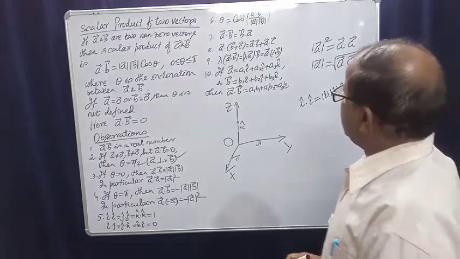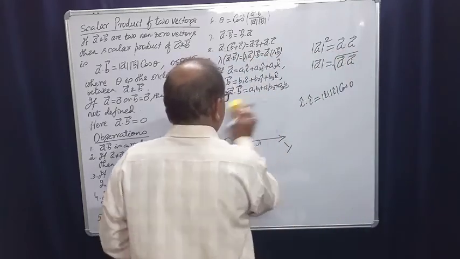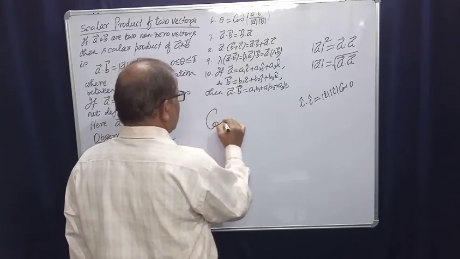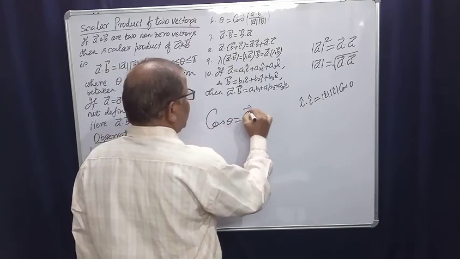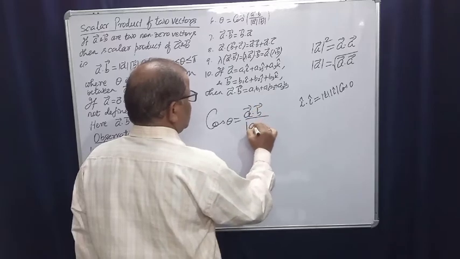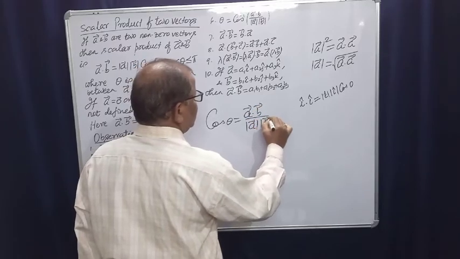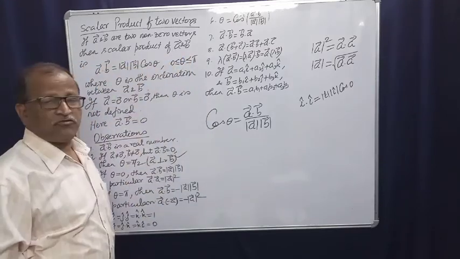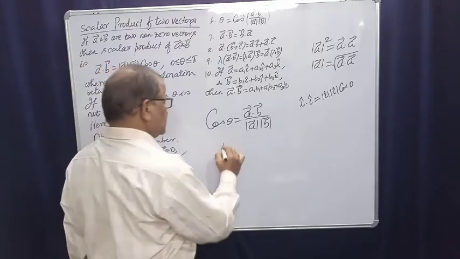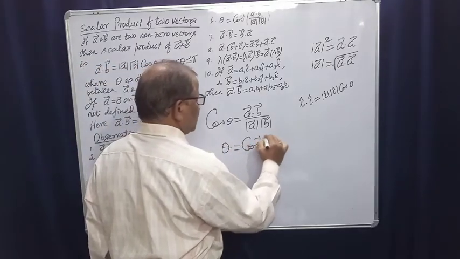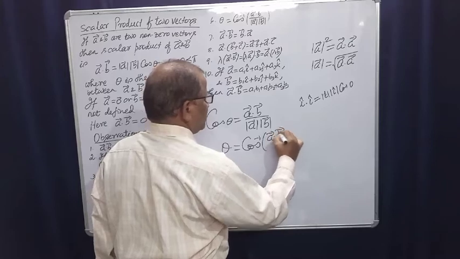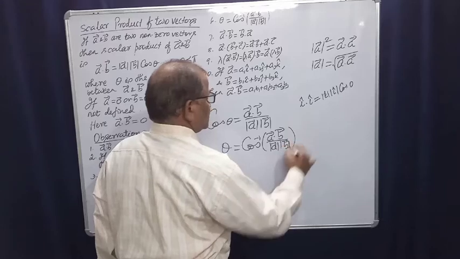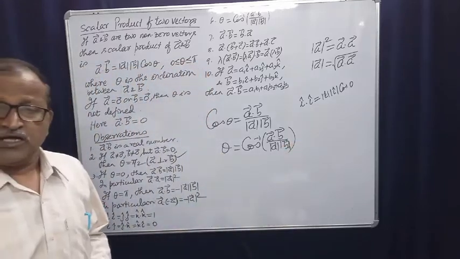Right? And one application of this dot product: from the definition we can observe that cos theta is equal to A dot B by magnitude of A into magnitude of B. That means theta can be obtained like this: cos inverse of A dot B by magnitude of A into magnitude of B. This is the inclination.